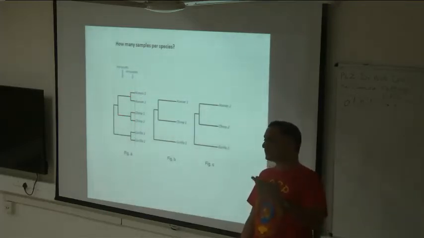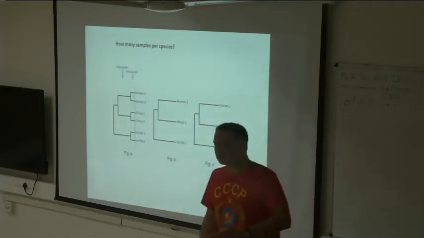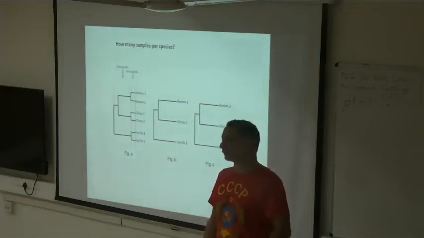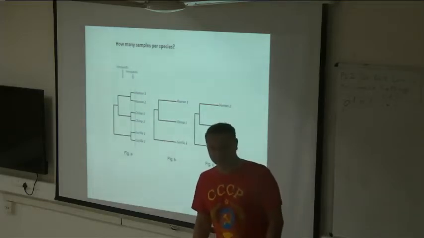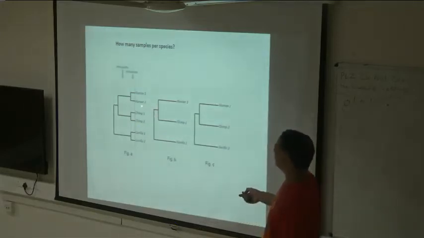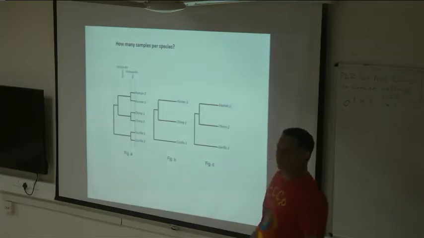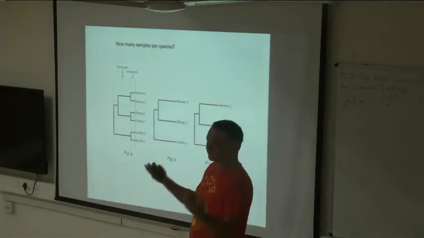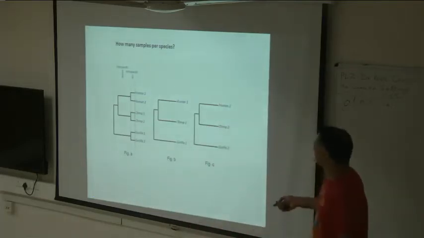In the initial days, people were asking questions like, oh, what if you use a different sample for a particular species, maybe you'll get a different tree. That does not make sense. I mean, it's like saying if you use my DNA, humans and chimps will be sister. If we use someone else's DNA, human and gorilla will be sister. It does not make sense, right? 2 human beings are more closely related to each other than either of them is to other species. So that's never an issue.